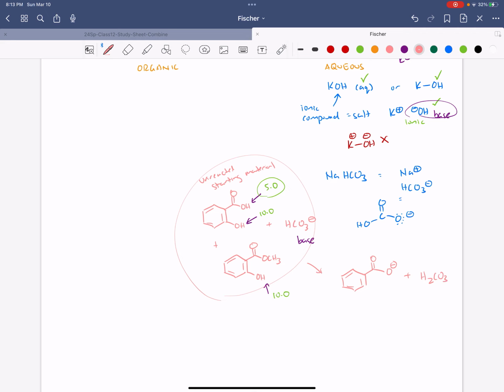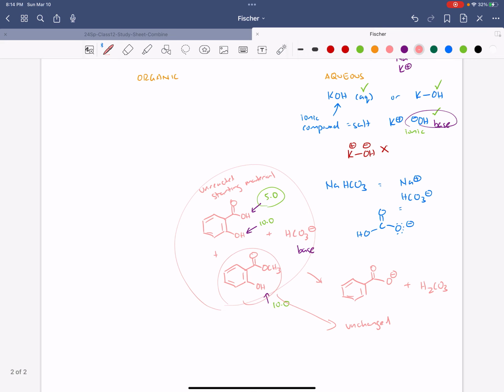You know what went unchanged? This one, unchanged. So when I'm thinking about your extraction and what goes where, this molecule became charged. That's your starting material without the proton. This goes into the aqueous.